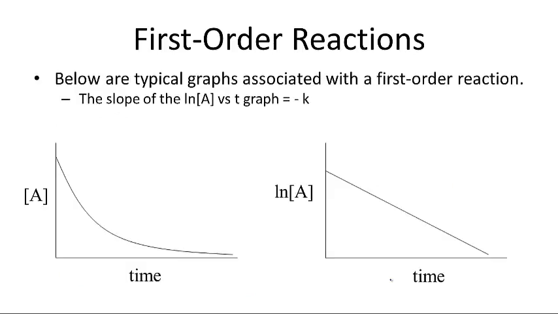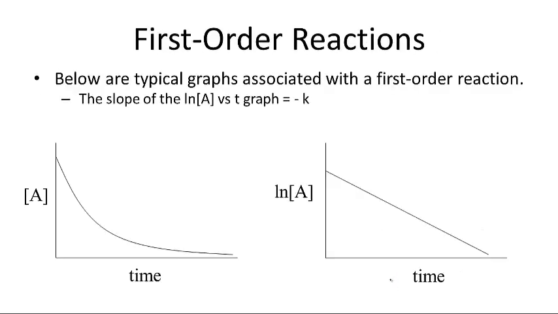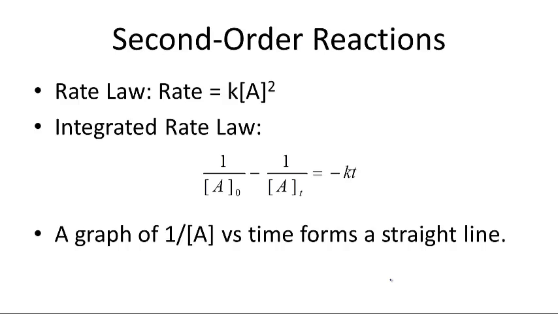All right, so graphically, the way this looks, for a first order reaction, we have a curve if we graph concentration versus time, but if we graph natural log of concentration versus time, we get a straight line. And then very quickly, second order reactions. If you are a calculus fan, we can at some point go through the derivation of this one as well. It's the same idea.